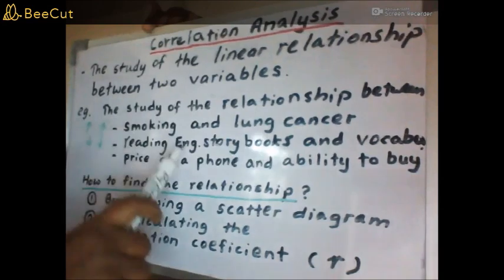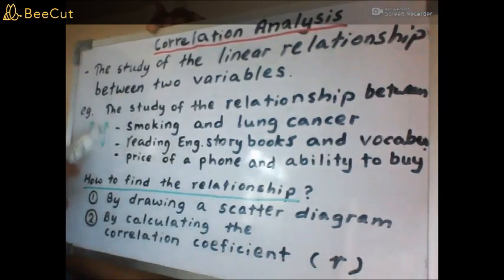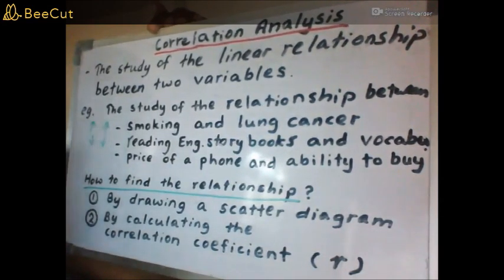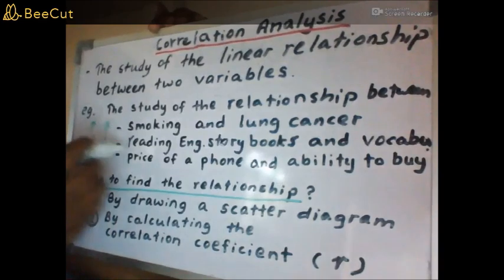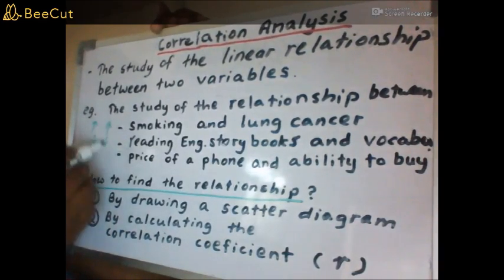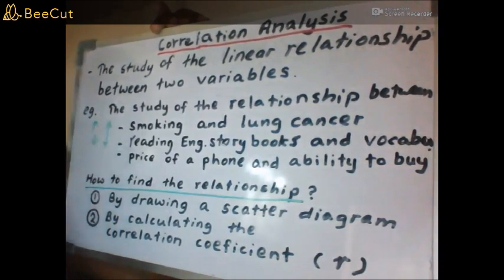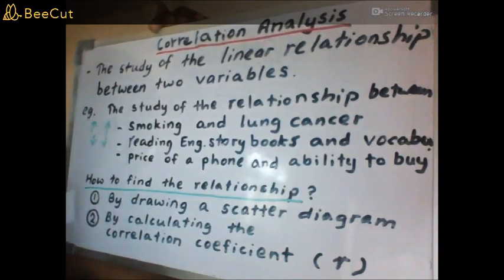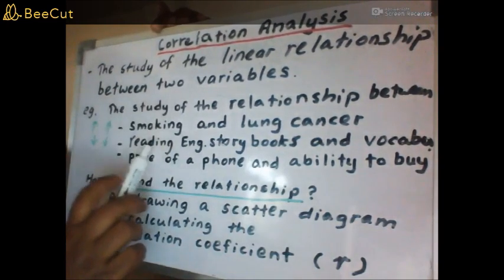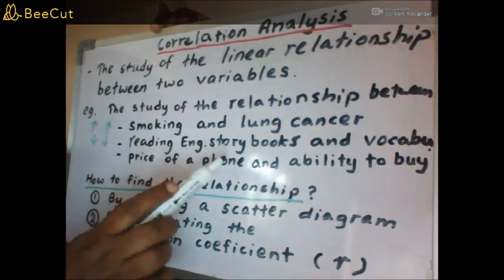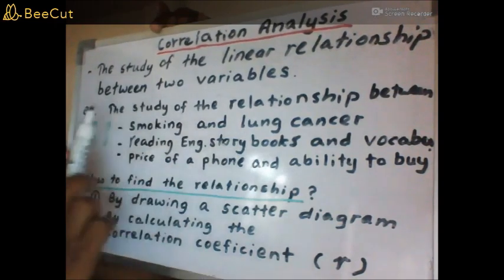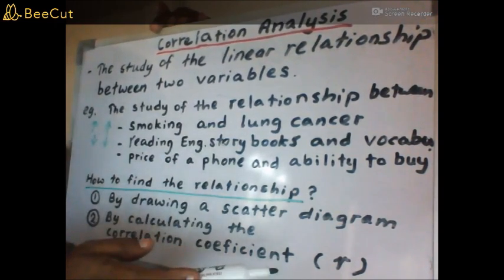The more you read, the more chances are there to develop your vocabulary. If you don't read, you won't get the ability to develop your vocabulary. So there's a relationship between reading English storybooks and developing the stock of vocabulary, learning new words.